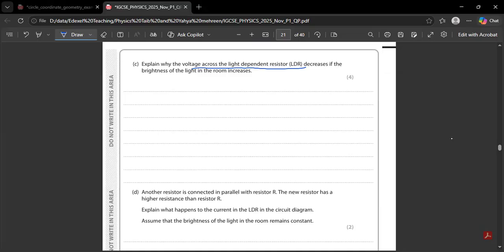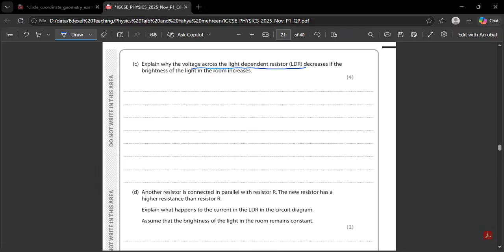Don't you think that this circuit is automatically controlled? The circuit is being controlled with the brightness in the room. If the brightness is going to be increased, then the LDR is going to allow less voltage.